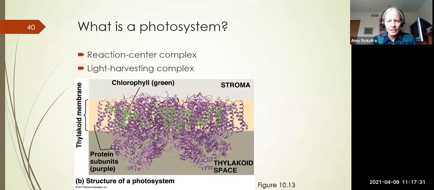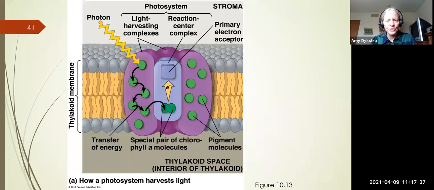And chlorophylls are pigments that are embedded in photosystems. Here is a diagram of a photosystem, and it shows all of these pigment molecules. Once a pigment molecule receives a photon, an electron is excited. And then when that electron falls back to its ground state, it releases another photon, which is absorbed by another pigment. And that causes another electron to be excited. And when that electron falls back to its ground state, another photon is emitted.